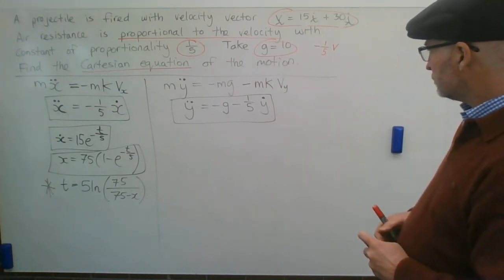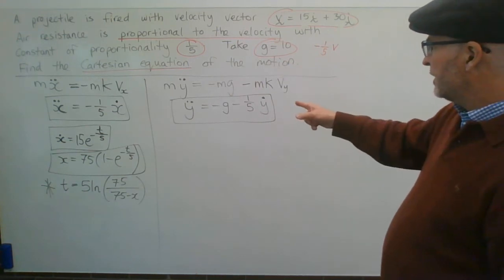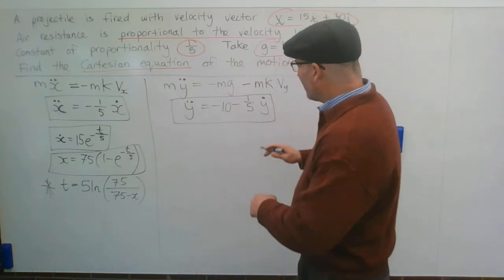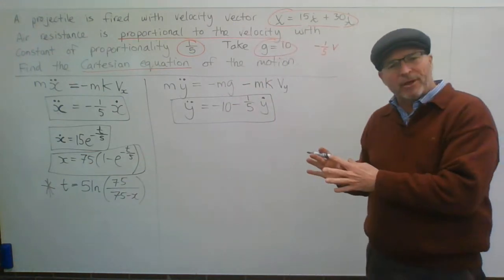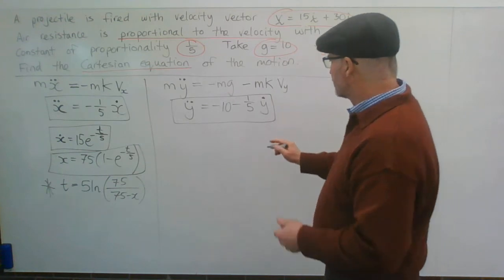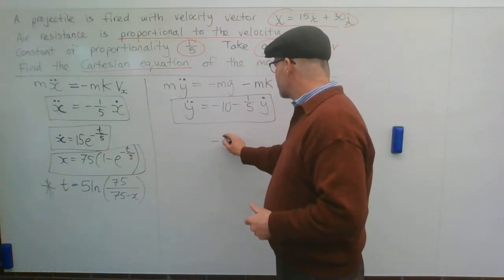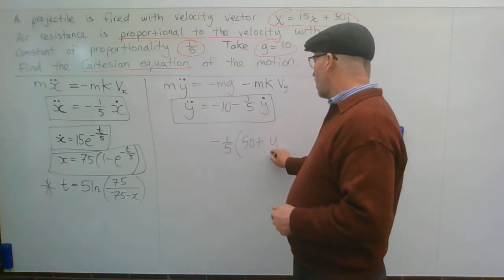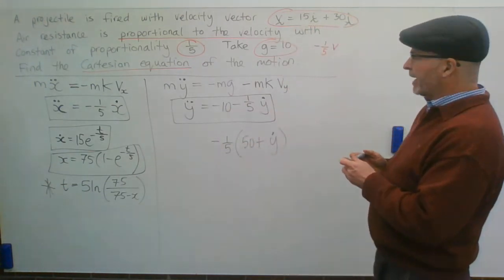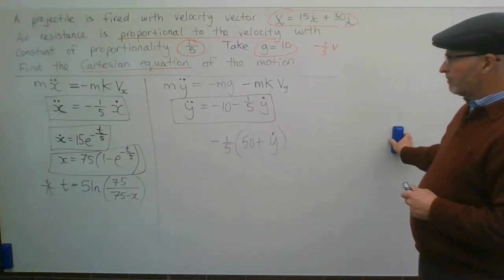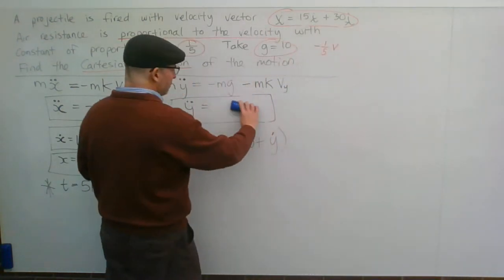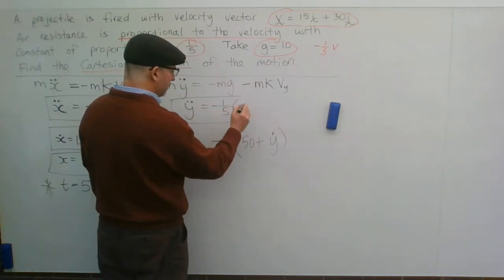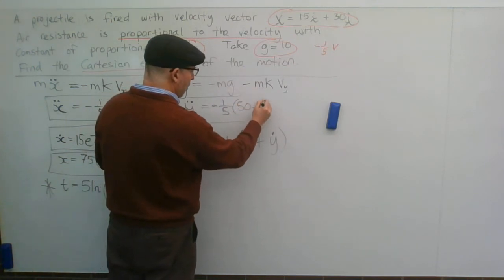Now, g is 10, so I can pop 10 in there, and I may be better off factorising that so that when I go to integrate it, it's easier. So that's actually minus 1/5 into 50 plus y dot, isn't it? When I factorise that, minus 10 minus 1/5 y dot. So I'll just put that in that format there. It's minus 1/5 50 plus y dot.